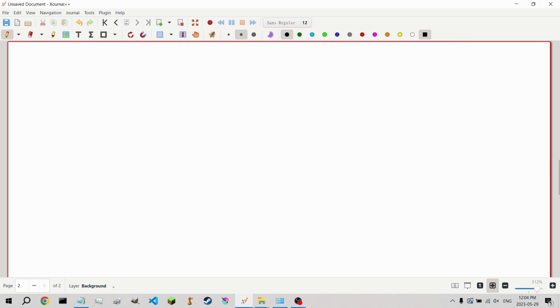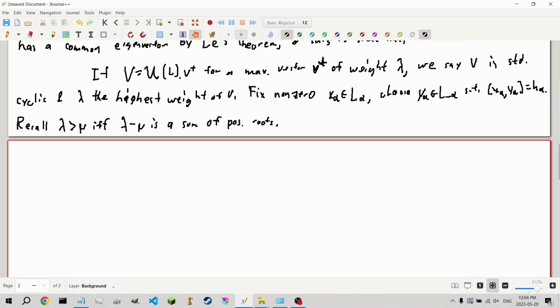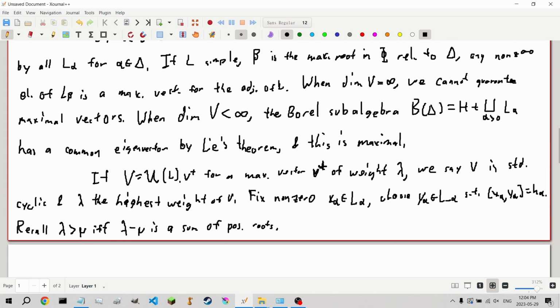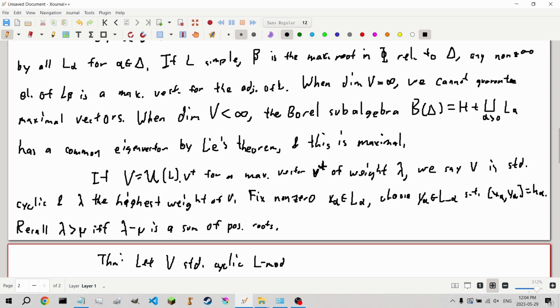Alright. We have a theorem with a lot of parts. Let V be a standard cyclic L module with maximal vector v plus in V lambda.